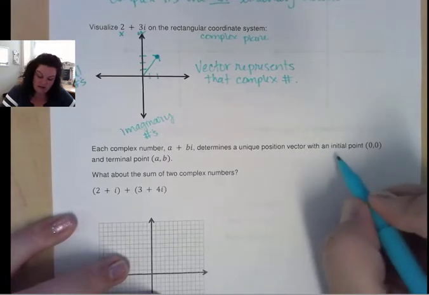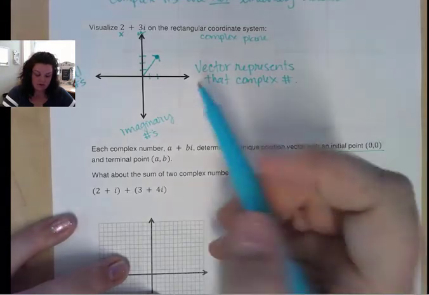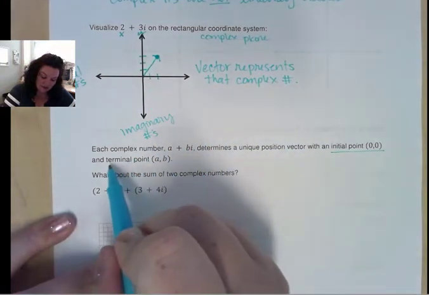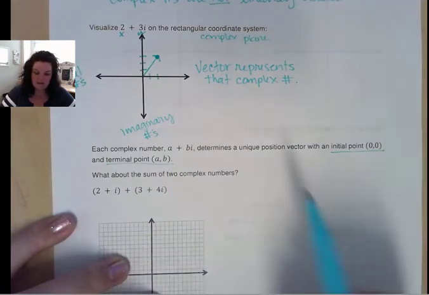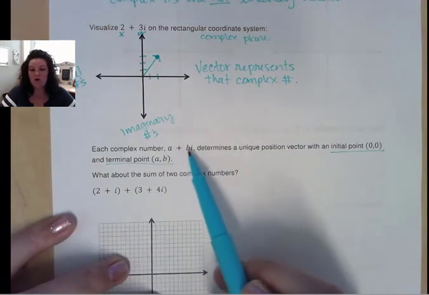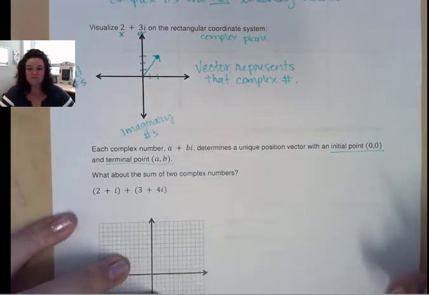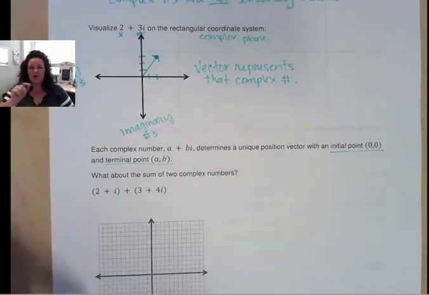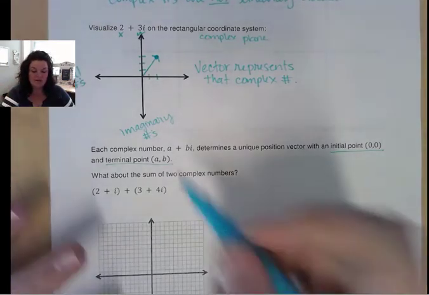Okay, with an initial point at 0, 0. Notice it's starting here at 0, 0. And then its terminal point is (a, b), which is the numbers from our complex number, right? Okay, so that's great. That's easy enough. We should all be able to go over and up or backwards and down. You know, we know how to plot points and just draw a vector through them.